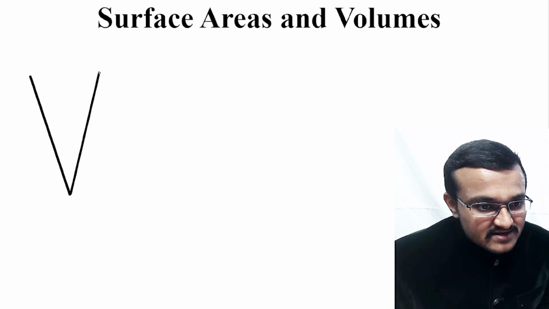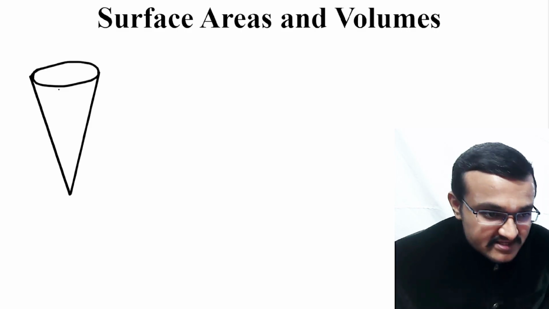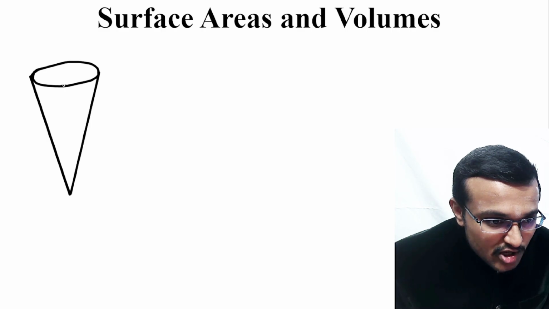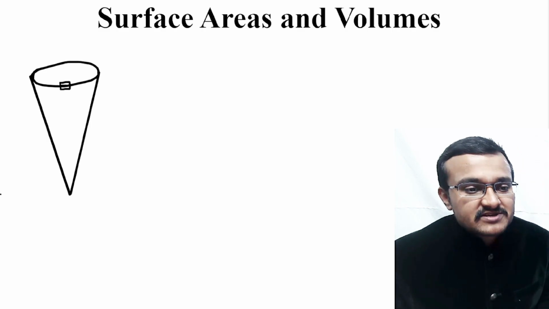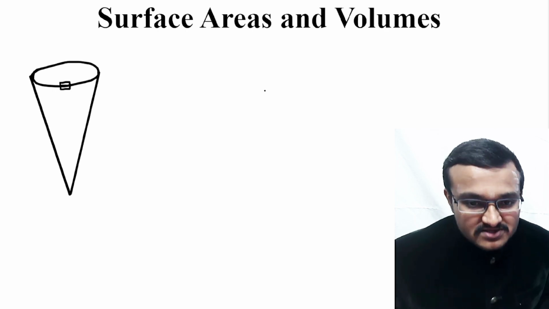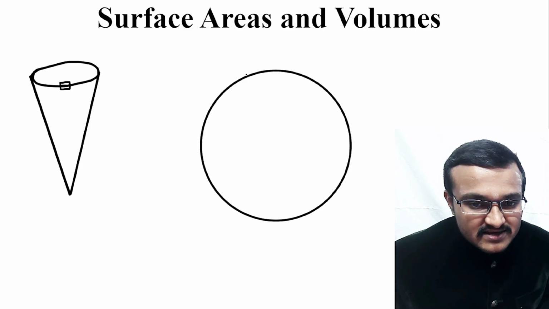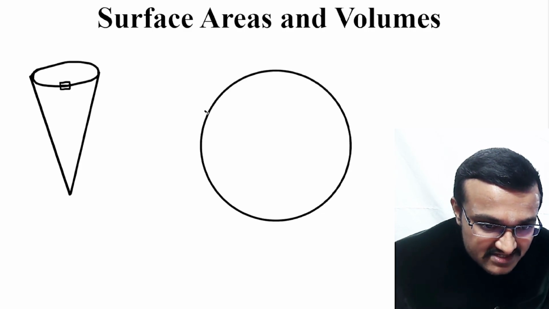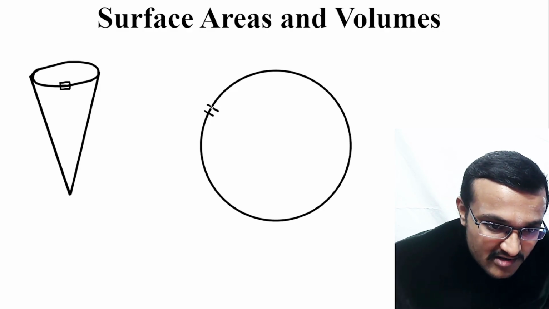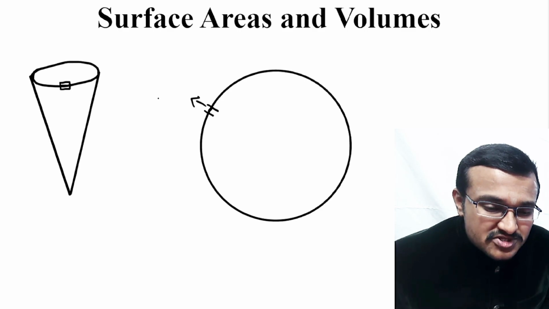So if you consider a cone like this, in order to find the area of this curved surface, I'll consider a small portion of it, which will be almost a straight line. Because if you consider a circle and focus on a small portion of it, that small portion acts as a straight line.